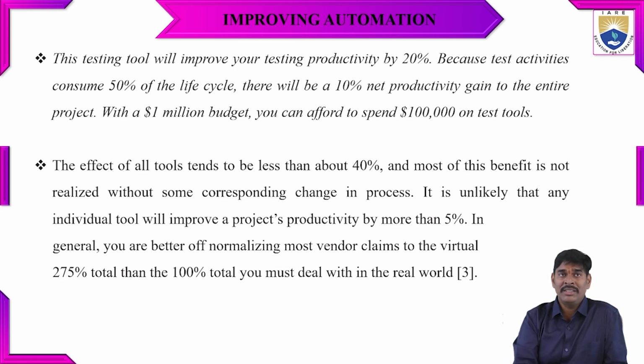Overall, we have seen that 275% of the claim has happened. When you use these efficient tools, we can have only 100% of the total, which must be dealt with in the real world. It means a total of 175% of the cost has been minimized when you use efficient and effective tools for automation.